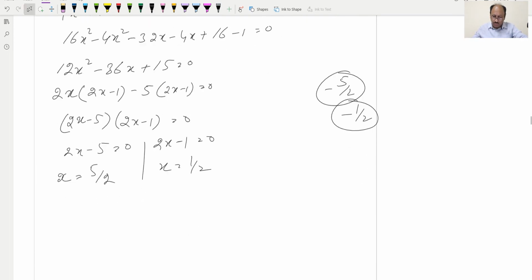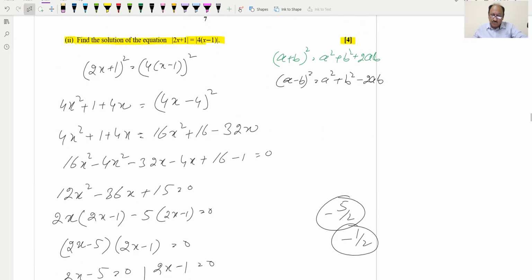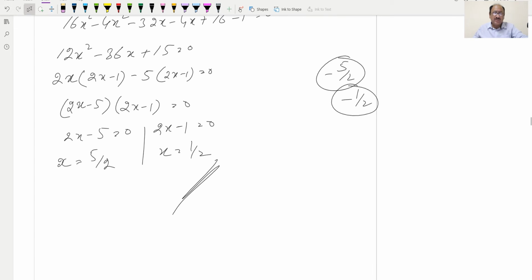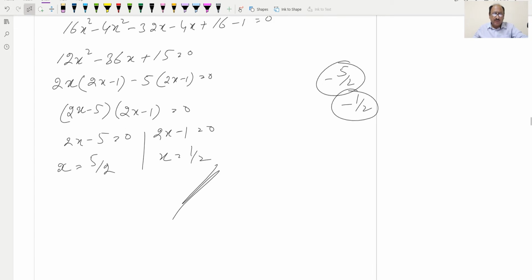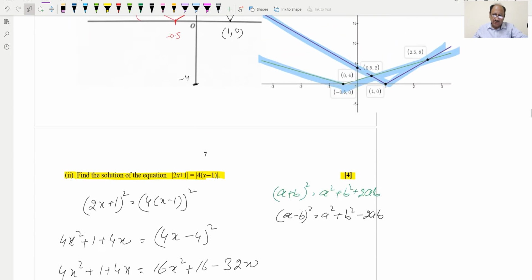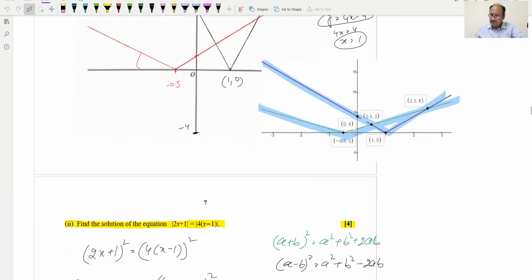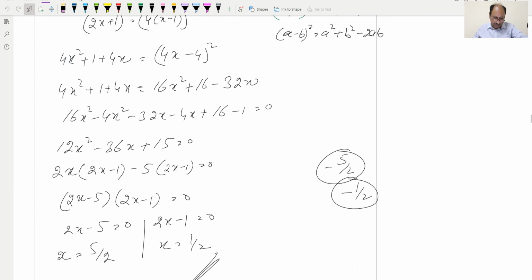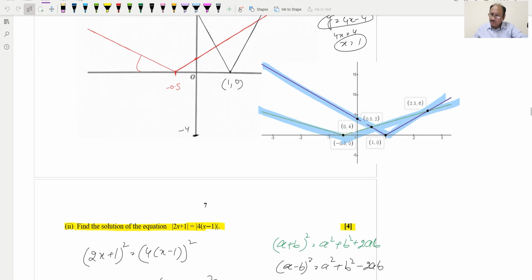These are the two solutions which we were supposed to find, and these are the x values of the 2 points: 5 by 2 and 1 by 2.